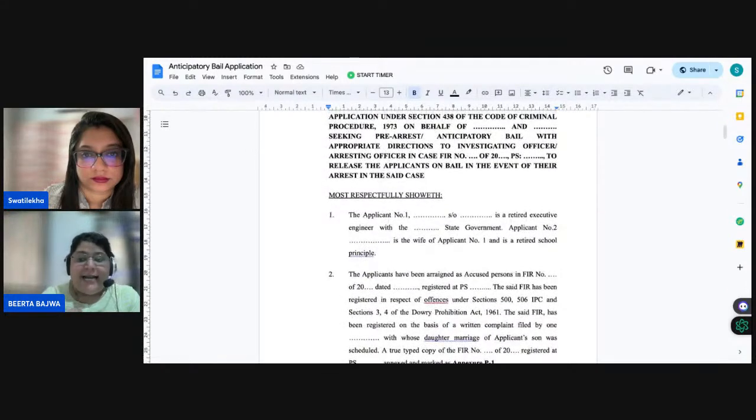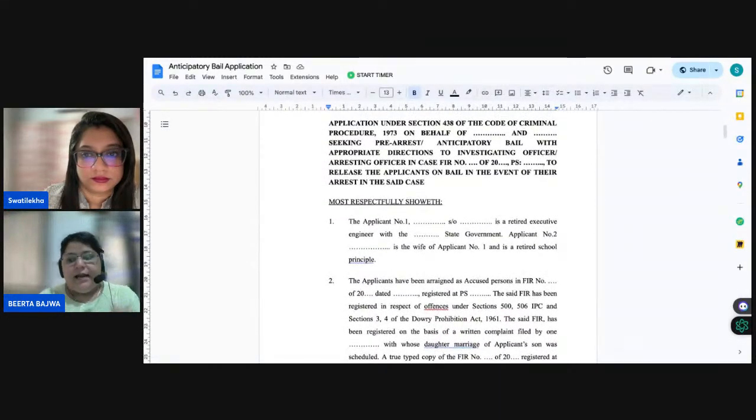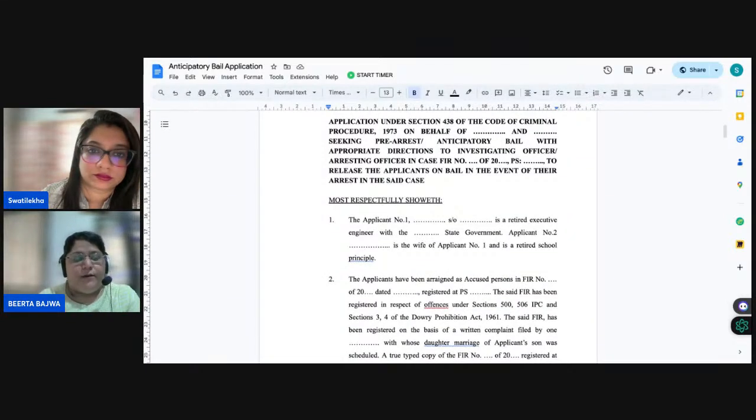But you are anticipating that you are going to be arrested by the police, and that is the reason you want to be protected before you go before the police. That is what anticipatory basically means.